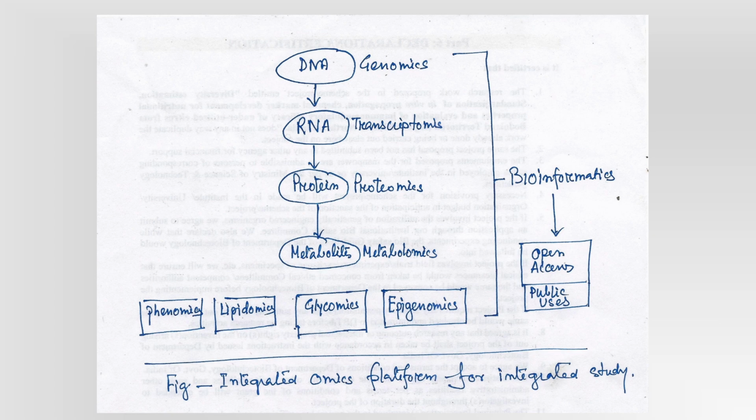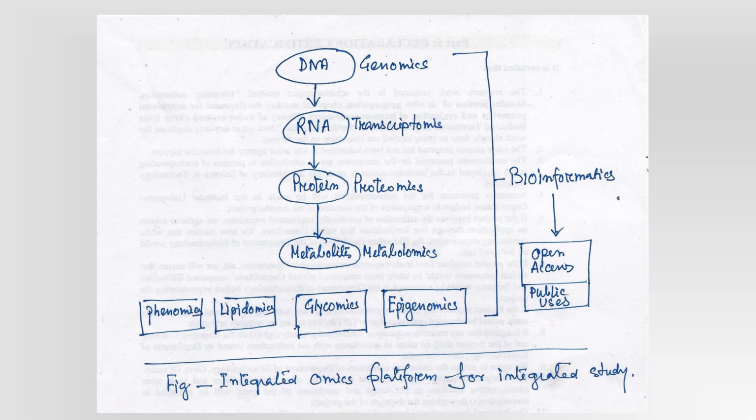And in present perspectives, genomics, transcriptomics, proteomics, metabolomics, and many other things are coming like phenomics, lipidomics, glycomics, epigenomics, which is again a very important part, a new addition. Lots of research is going on about the epigenomics part of expressions.